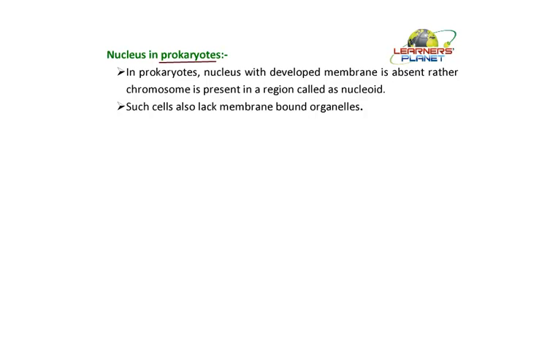Besides this, in the eukaryotic nucleus, we have also seen that there are chromosomes which may be single, or more than one. Whereas in the case of prokaryotic cell, they possess only a single DNA, and that may be either circular or linear.